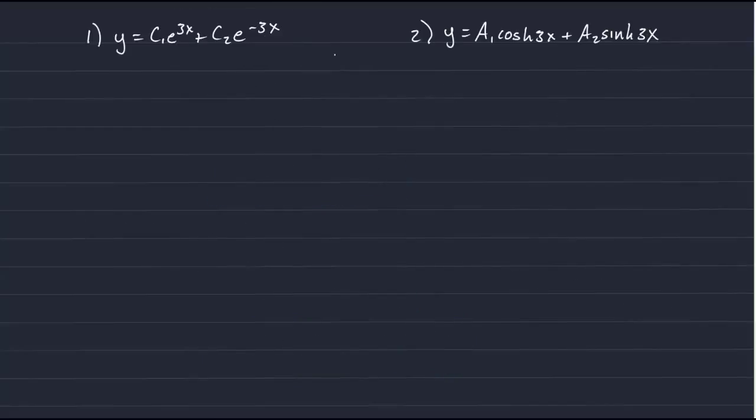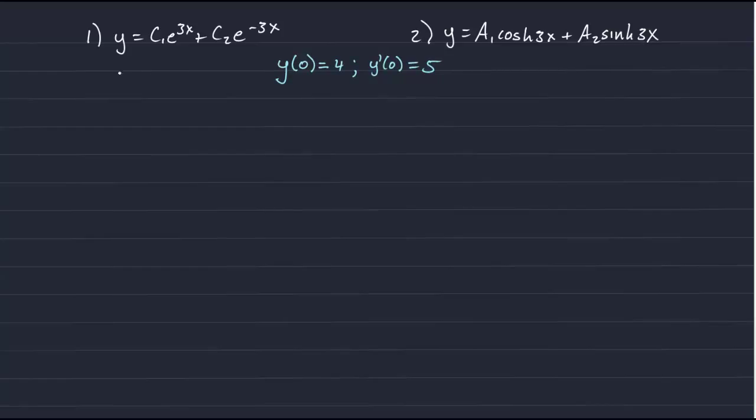So here I have the two forms of the solutions presented above. They're equivalent, but they're different forms. And let's say we want to find the particular solution that satisfies the initial conditions that y at x equals 0 is equal to 4, and y prime at x equals 0 is equal to 5.